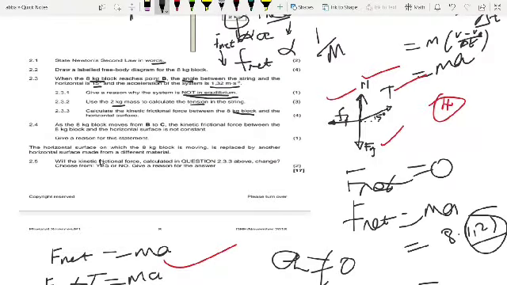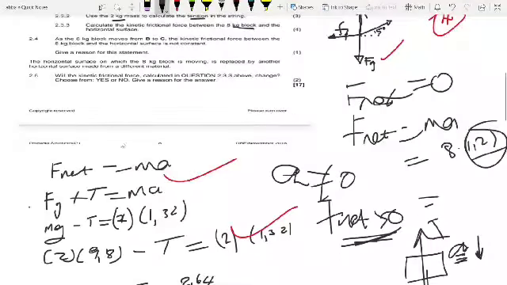Yeah, let's just leave it at that. Now the horizontal surface on which the 8 kg block is moving is replaced by another horizontal surface made from a different material. Will the kinetic frictional force calculated change?